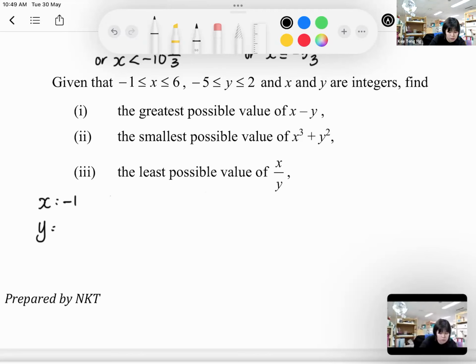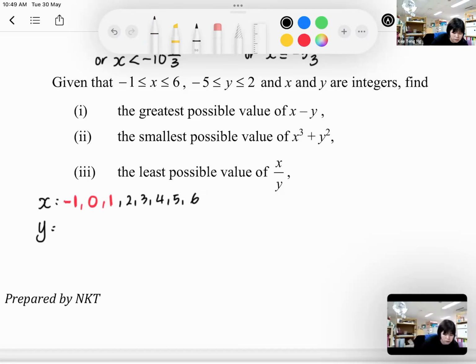It includes special numbers that can be very useful: -1, 0, 1. These three numbers are quite special because they can make a quick change in your decision for your answer. Then 2, 3, 4, 5, 6.